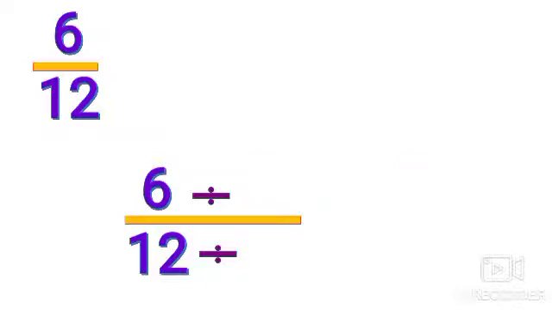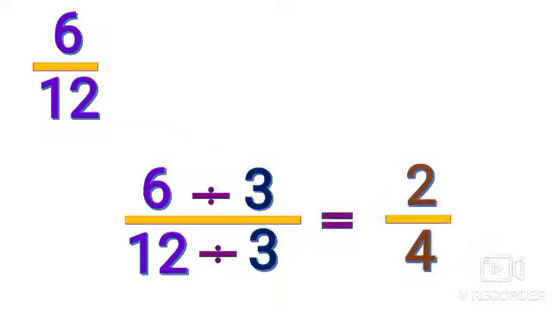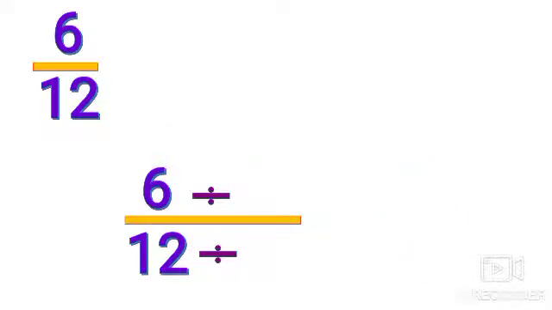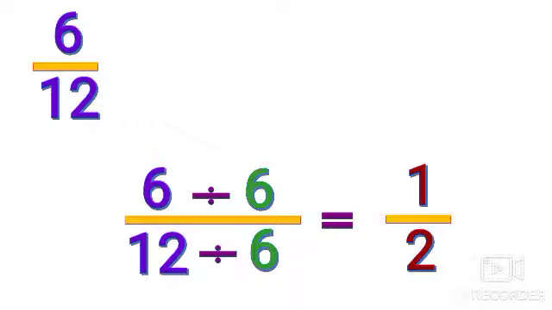If the same fraction is divided by 3, in both the numerator and the denominator, what is your answer? That is 2 upon 4. Similarly, if the same fraction is divided by 6, your answer will be 1 upon 2.